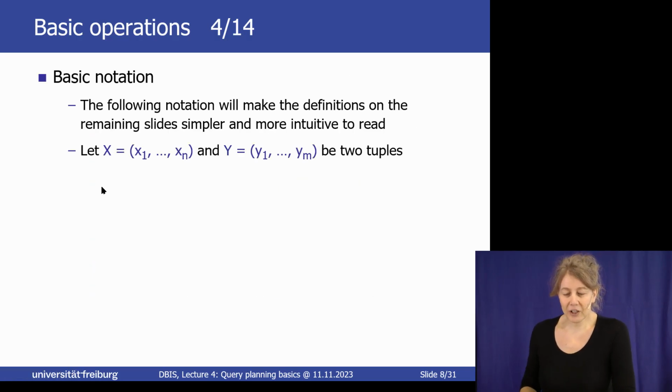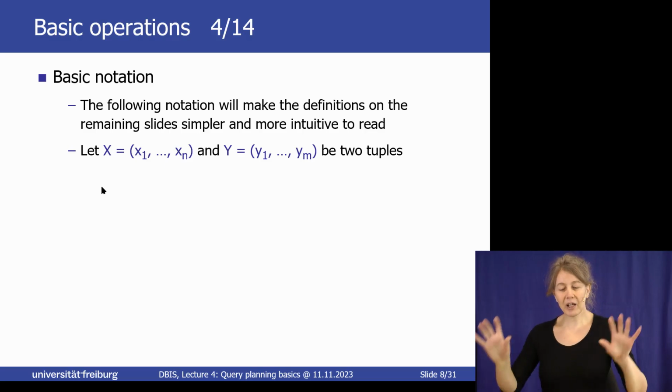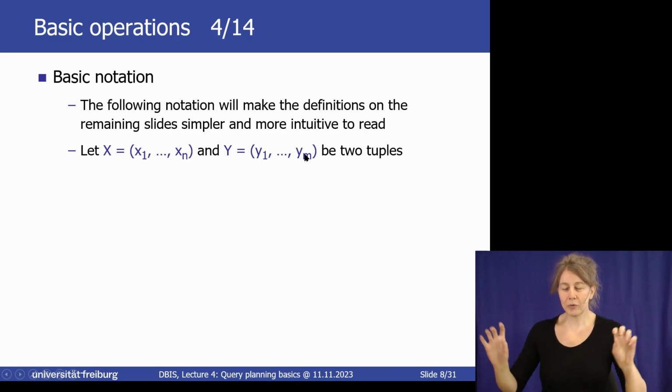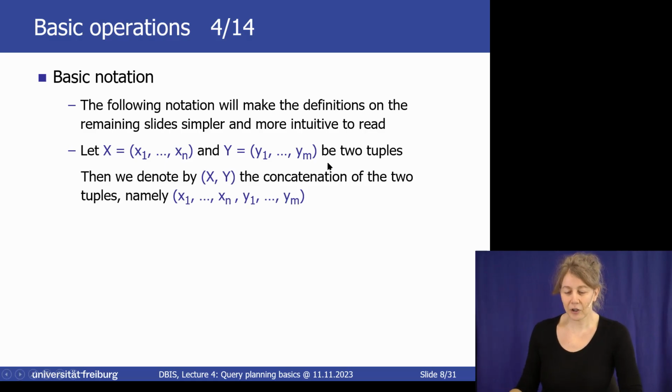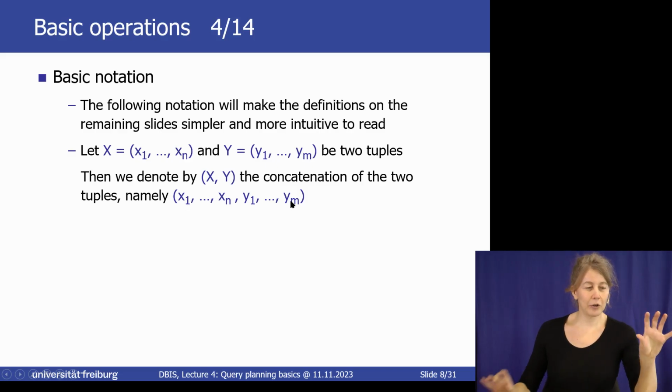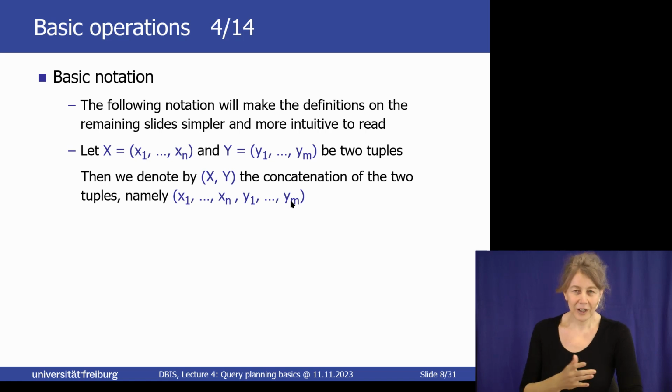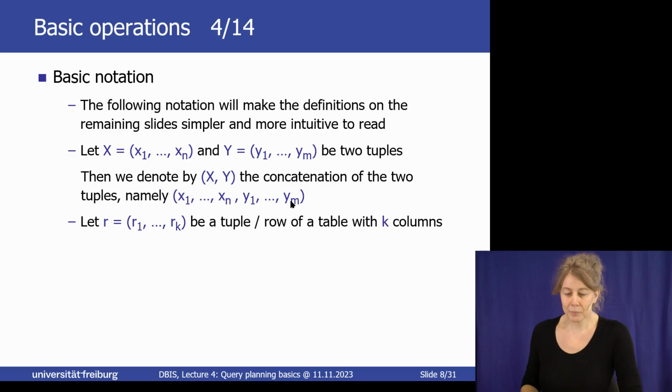Some more basic notation. If we have two rows, and a row is a tuple, so we have one row with n columns and another row with m columns, and now you just put the rows side by side. We will see that a lot. We call that concatenation. So you have 3 columns, 2 columns, you put them side by side, you have 5 columns. This is easy, I just want to introduce the notation.